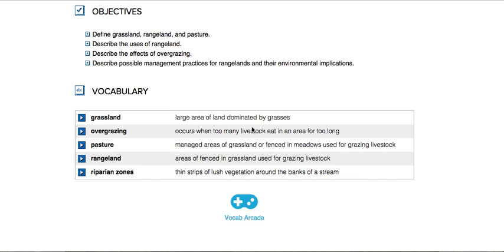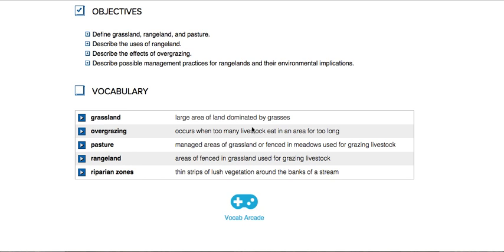So that's an issue. Plant invasion by non-native species is an issue. Overgrazing is an issue. So just some things to think about when we're talking about sustaining grasslands and sustaining rangelands.